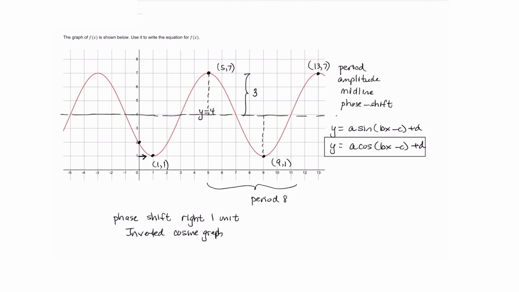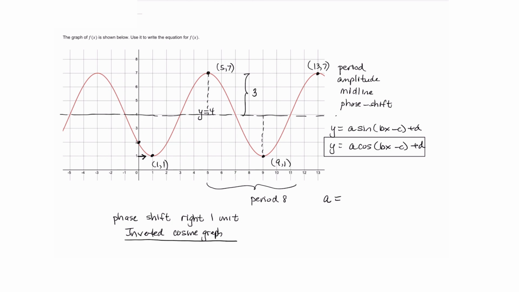But that's not necessarily the value of A, because if the graph was inverted, I have to use the negative value of A. If the graph was not inverted, I have to use the positive value of A. So let's make a list of all of these things. Since we decided it's an inverted cosine graph, that means A is equal to -3.